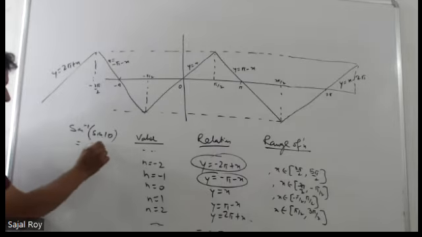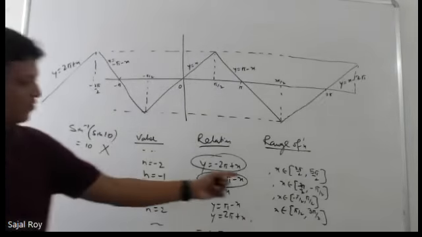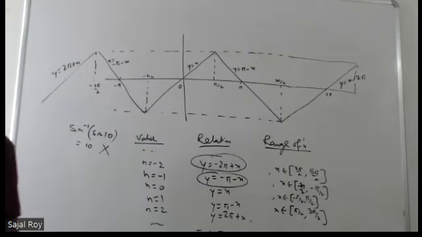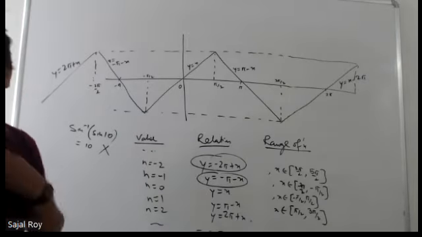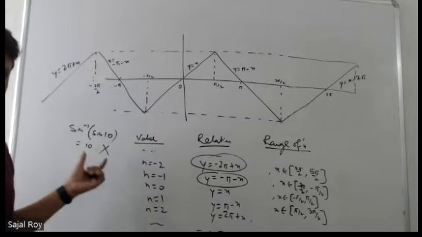You cannot write this equal to 10 because 10 doesn't satisfy this. π is 3.14, so 3.14 divided by 2 will be 1 point something, near about 1.5, and that side also 1.5. So it doesn't satisfy. You cannot write this.